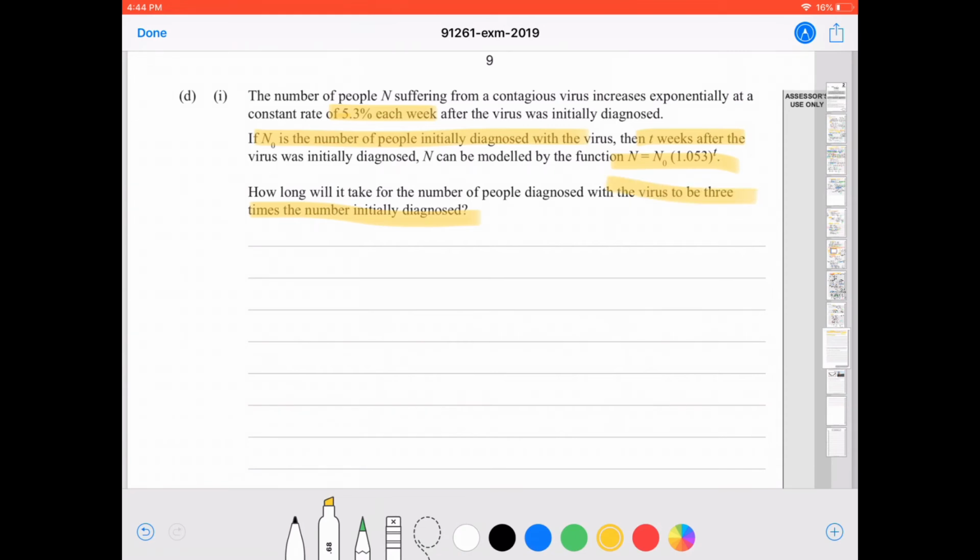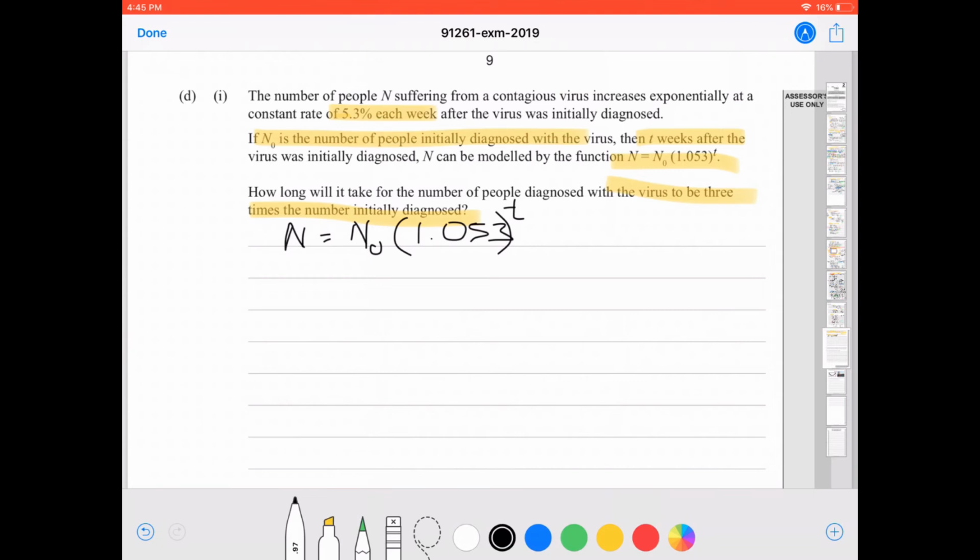Right, so we've got this formula, N equals N0 times 1.053 to the power of T. Okay, so we're just going to be substituting some values in.